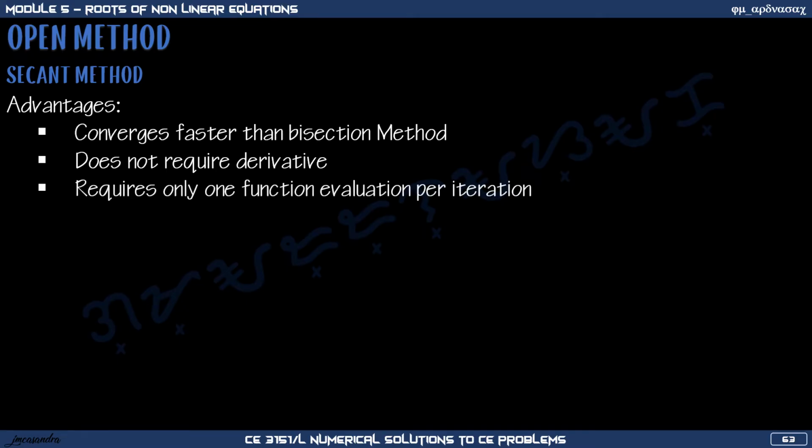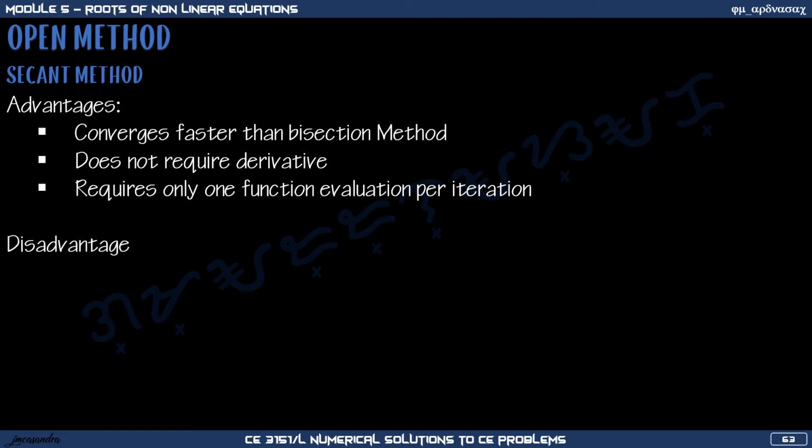Another advantage is that it only requires one function evaluation per iteration, which is f of x sub i, unlike Newton-Raphson, wherein you check the function of x sub i and the function of the derivative of x sub i.